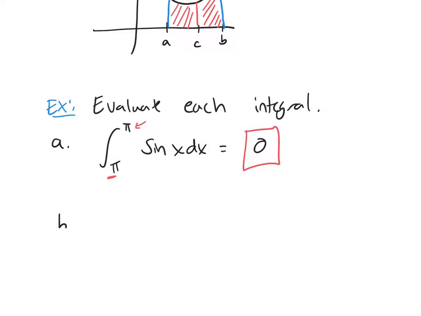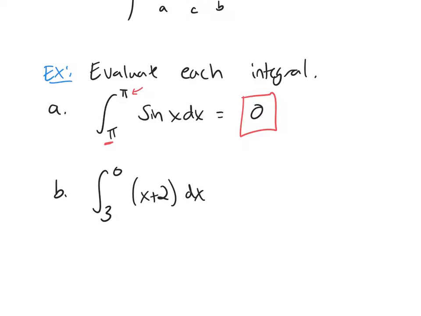Let's look at another one, b, the integral from 3 to 0. So usually we like our numbers to be increasing, and here I have 3 and 0. So when I want to flip these, I got to put in a minus sign according to my property 2 from up above.